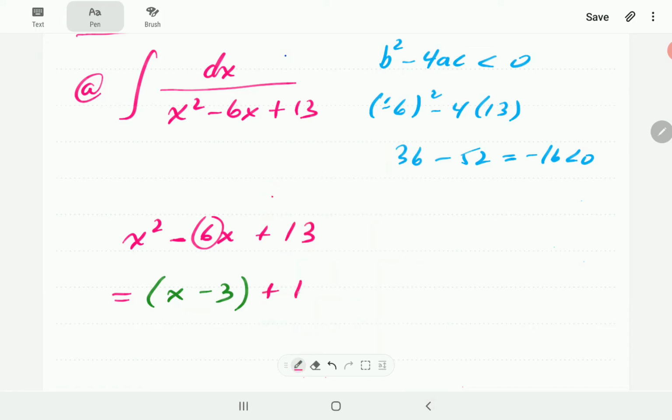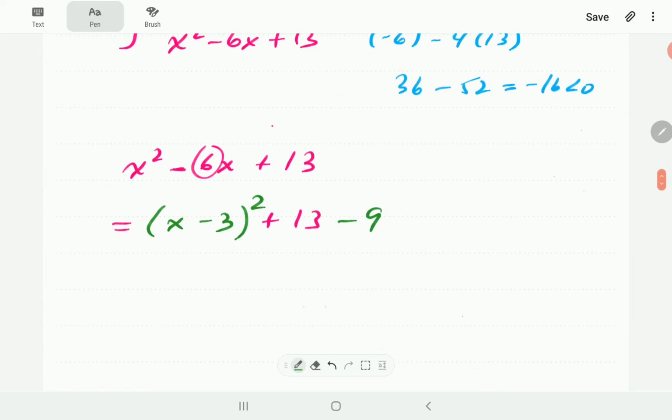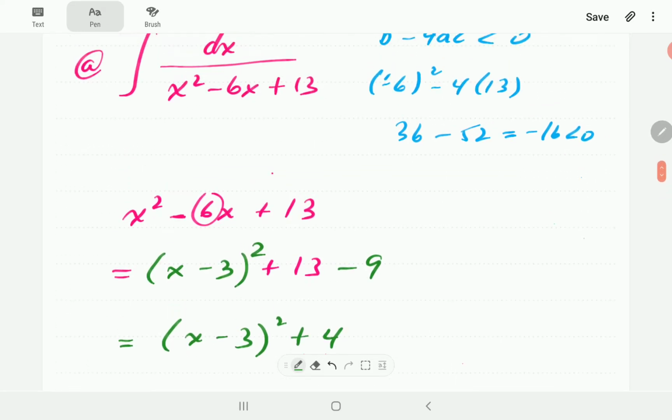This one is exactly what we had before. Then we always subtract the square of this number here, so that's going to be minus 9. We don't expand these brackets, so that's just going to be x minus 3 squared, plus 4, and then we are done completing the square.